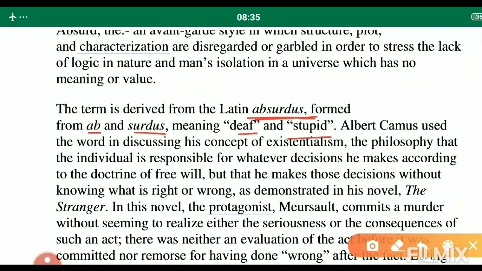So the basic meaning of this particular term, absurdus, the Latin form of absurd, is deaf and stupid.